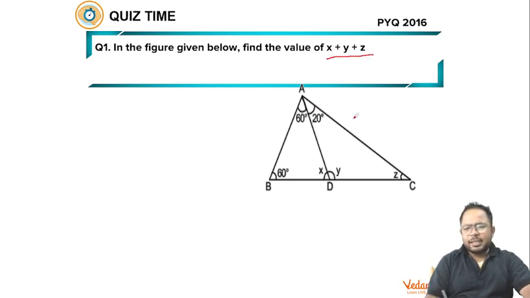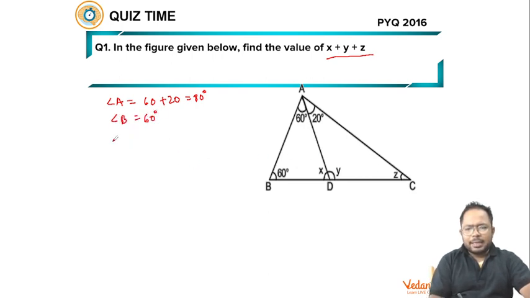Now if we see this triangle ABC, we have a line joining from A to D. Now AD is dividing it into two triangles, ABD and ADC. If we look at angle A, it is basically 60 plus 20, that is 80 degrees. Angle B is 60 degrees.